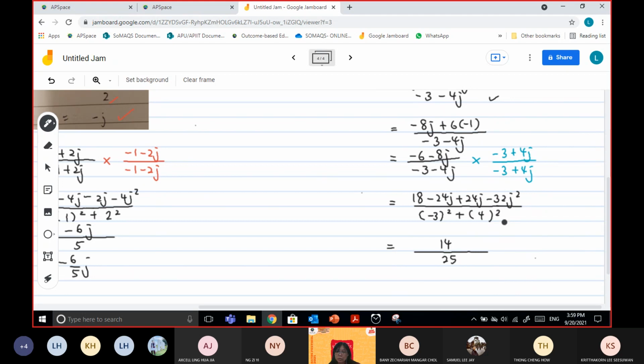Oh, yeah, plus 32, correct. Because this is plus, not minus. Okay, plus 32, so which is 50. Yep, correct. Okay, it tallies. Okay, thanks.